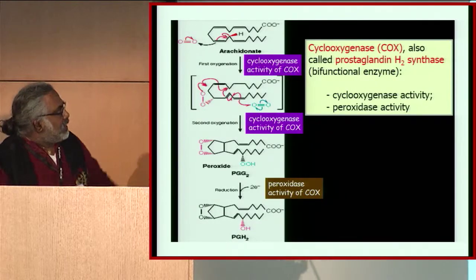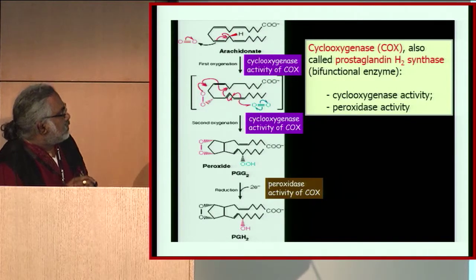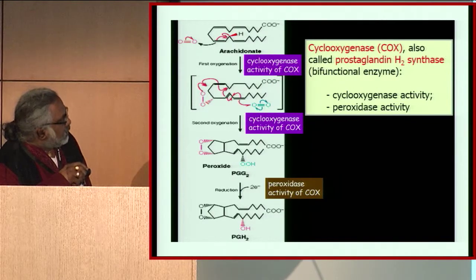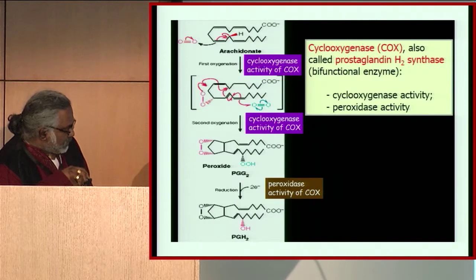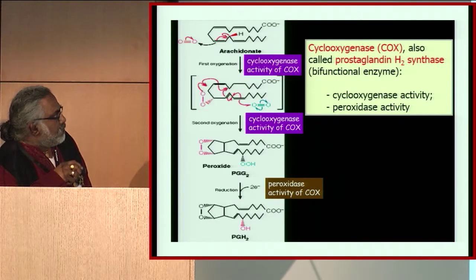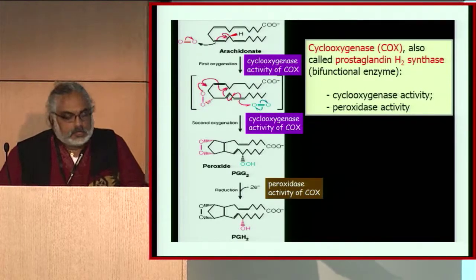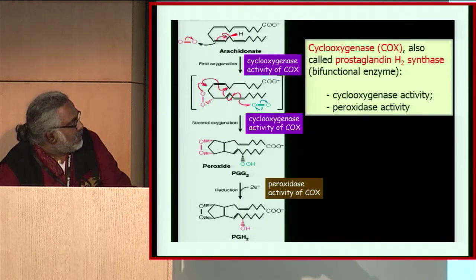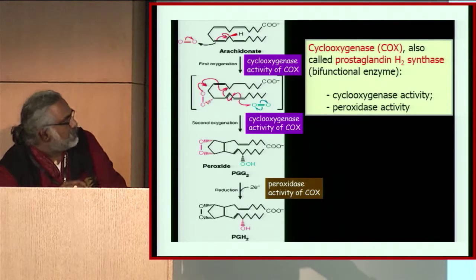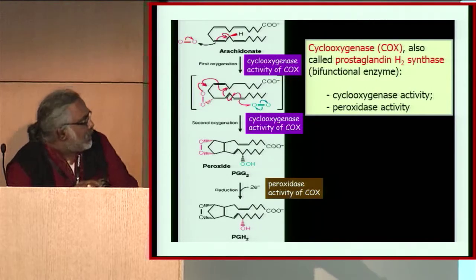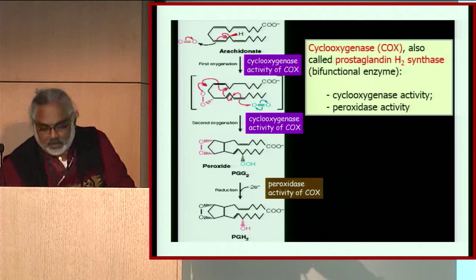The interesting thing with cyclooxygenase is that it cyclizes, introduces oxygen, and also acts as a peroxidase. It's a very fascinating enzyme. There are 2 isoforms, actually 3: COX-1, COX-2, and COX-3. There are selective inhibitors, the COX-2 inhibitors, but I am not sure some of them are really good inhibitors.